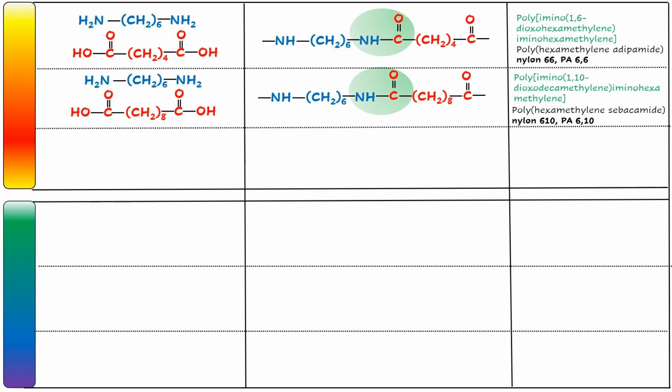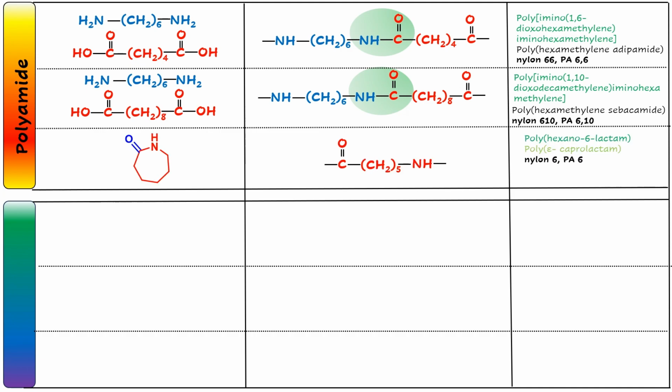Polyamides are not always obtained from two types of monomer, instead they can be obtained from ring opening polymerization of cyclic monomers. Consider the example of caprolactam or epsilon caprolactam, which is a 6-carbon cyclic amide that on ring opening polymerization produces polyamide called polycaprolactam or Nylon 6.